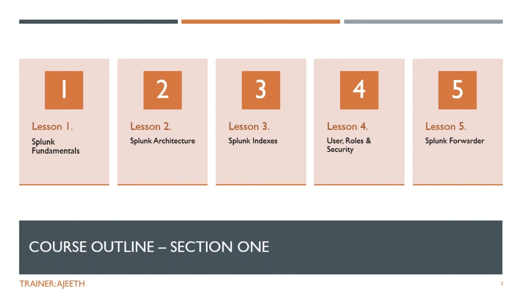If you see the course outline, section 1 is Splunk fundamentals, then we'll go through architecture, then indexes, user roles and security, and the Splunk forwarder. Section 2 is basically the distributed architecture, covering all the administration part. Initially we'll be working on a single instance, developing dashboards, and going through all the features one by one, creating alerts, everything one by one.